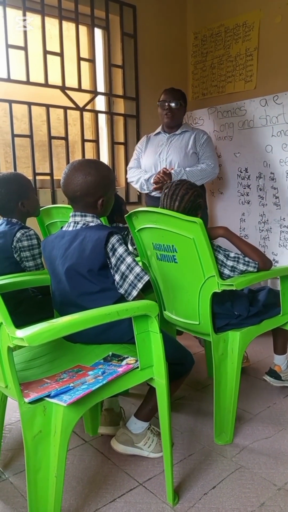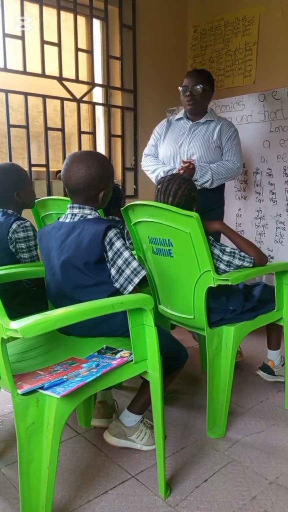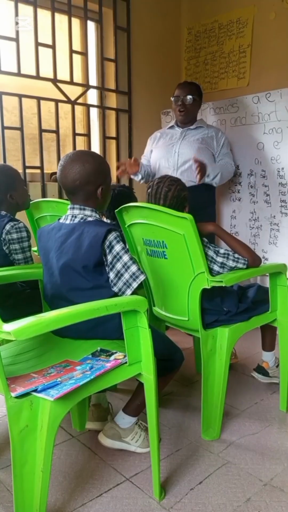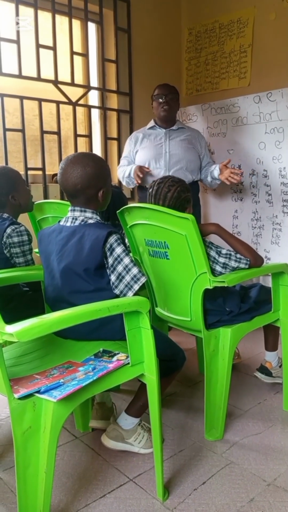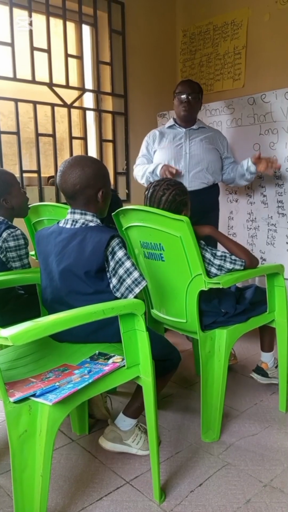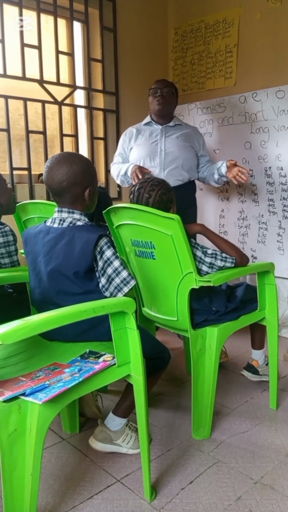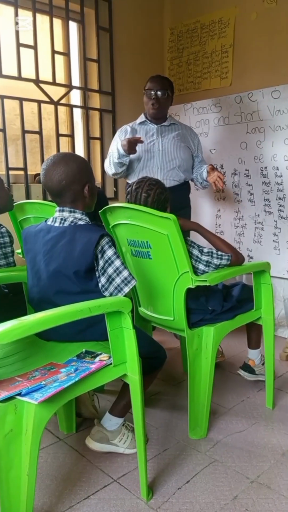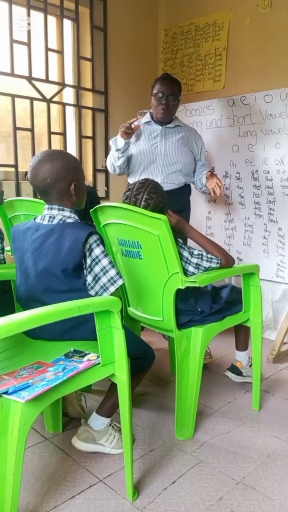Alright, kids, what are your short vowels? A, E, I, O, U. Again, what are your short vowels? Those short vowels are common in your three-letter words because they will always have a single vowel.